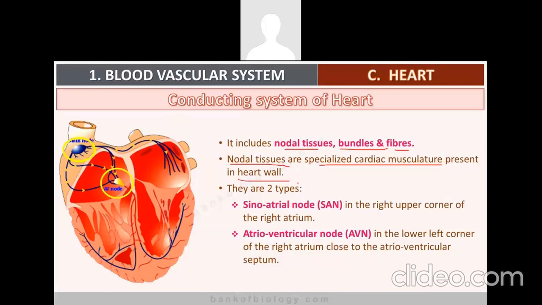They are of two types: sinoatrial node (SAN) and atrioventricular node (AVN). The SAN is present in the right upper corner of the right atrium, as you can find, and the AVN is present in the left corner of the right atrium, close to the atrioventricular septum.